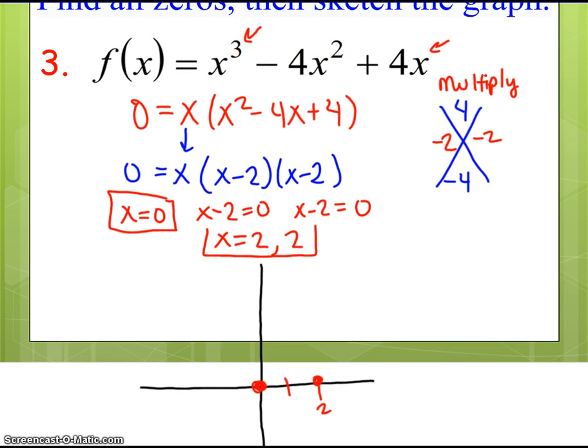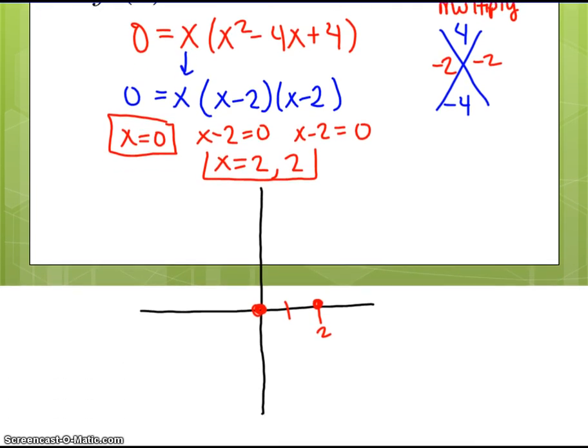Well, this is a cubic. When my answer repeats, what's going to happen is your graph goes through 0 because you only have one of those. It's going to come down, touch. Whoops, sorry, that's too sharp. Let me erase that. Okay, it's going to come down, touch the 2 and bounce off of it.